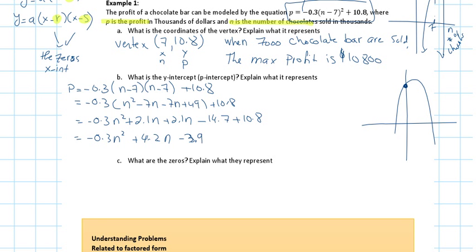I'm losing $3,900, which makes sense. If I have zero sales and I'm producing, I'm going to lose, right? Because the y-intercept, again, remember, the y-intercept is when my number of sales is 0, right?